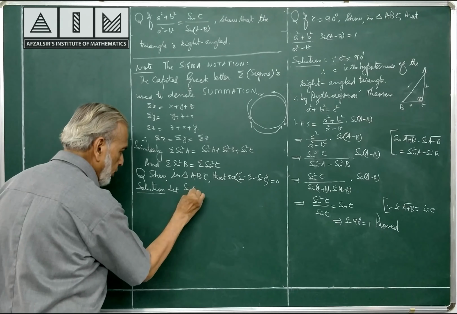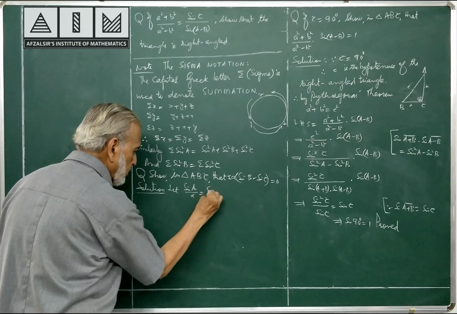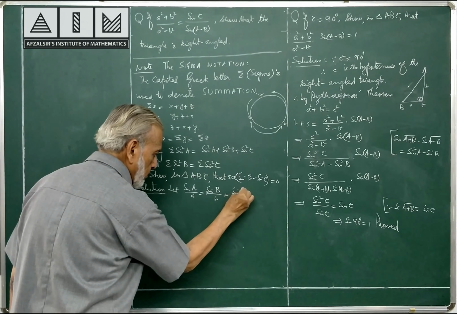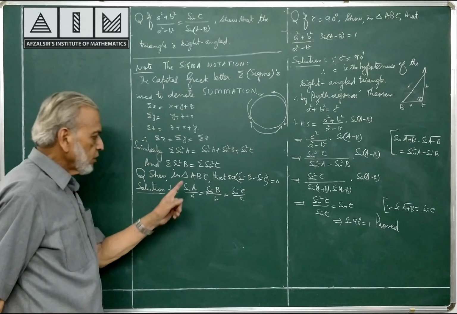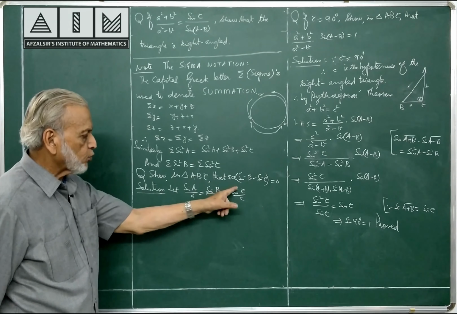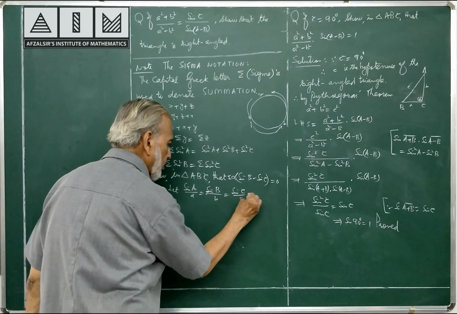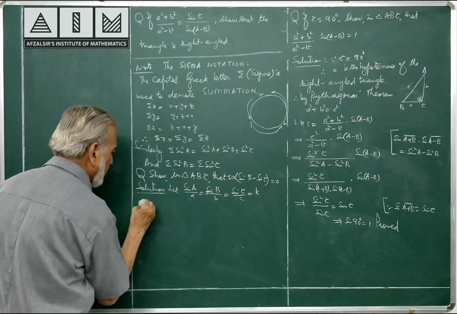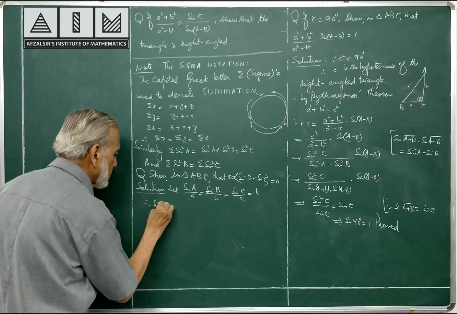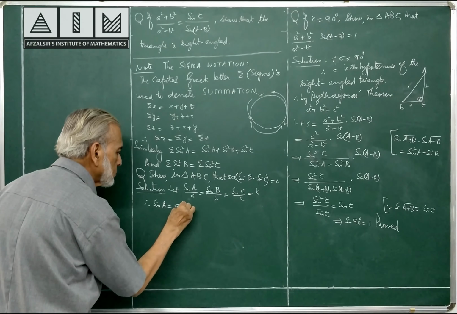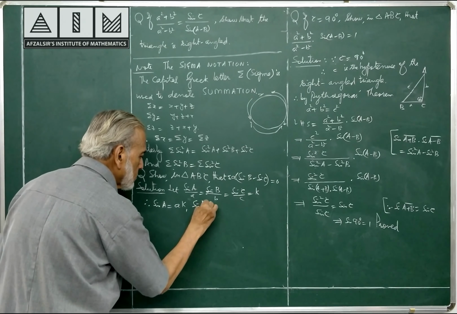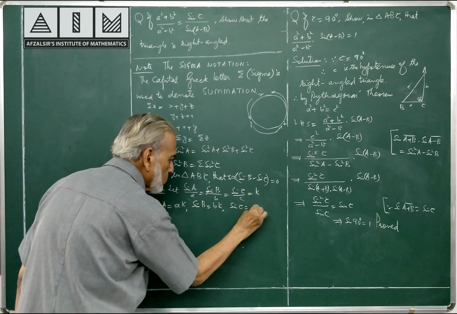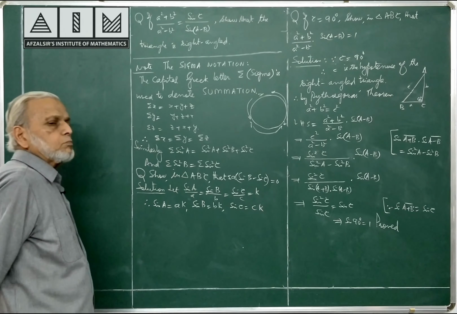You know the sin formula, sin A by A is equal to sin B by B is equal to sin C by C. I am supposing sin A by A is equal to sin B by B is equal to sin C by C is equal to K. So, sin A will be AK, sin B will be BK, sin C will be CK.